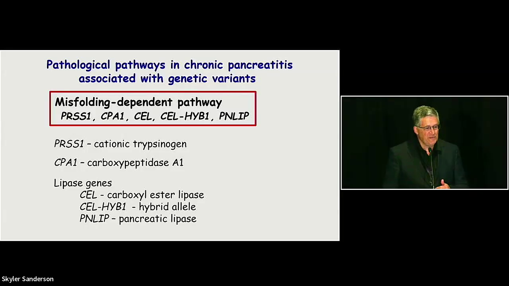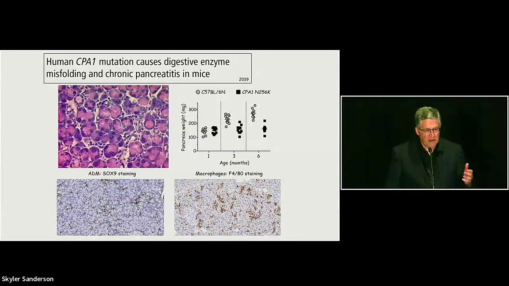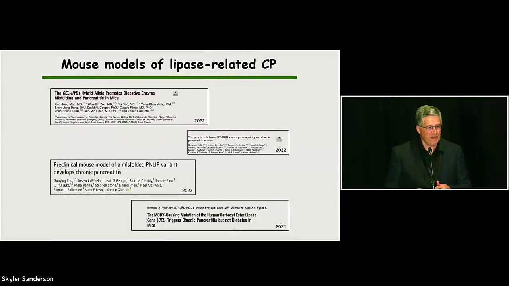These involve the carboxypeptidase A1 model, which we developed first, and which is a chronic progressive spontaneous pancreatitis model. Various lipase-related models, mostly developed by Mark Lowe, or in collaboration with Anders Molven in some cases, but also the Shanghai group developed a lipase-related mouse model.